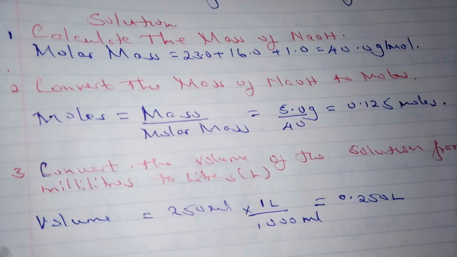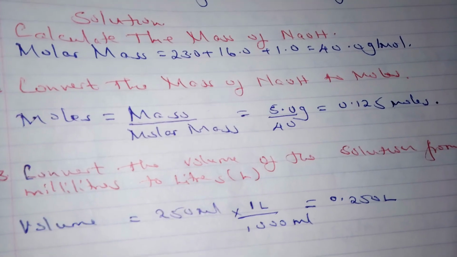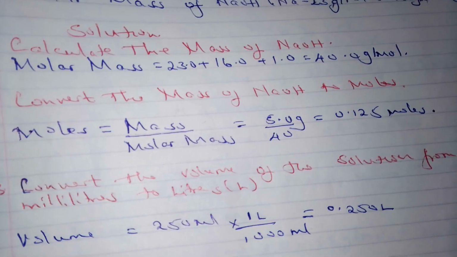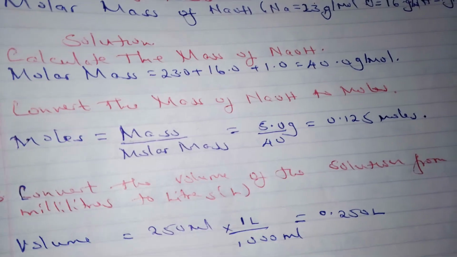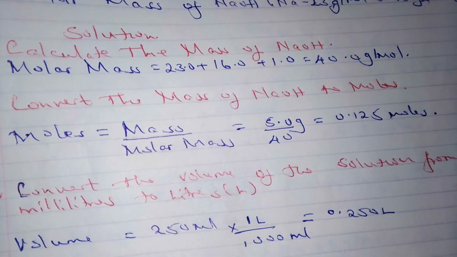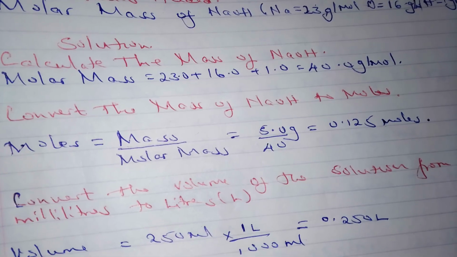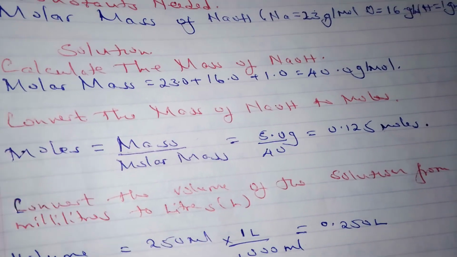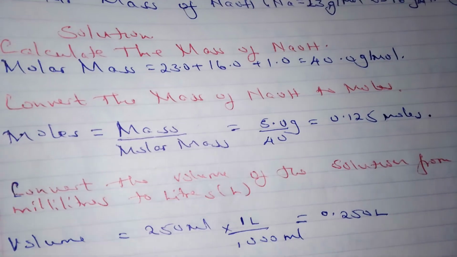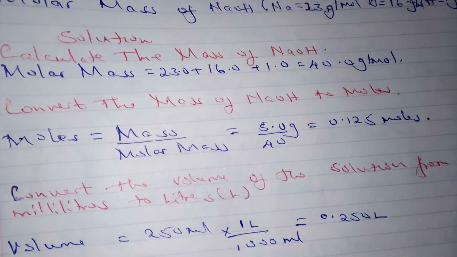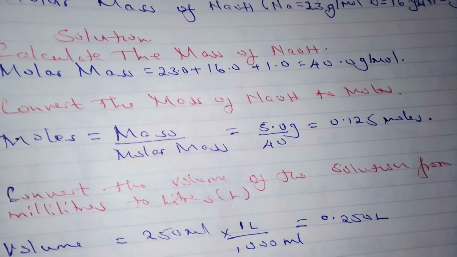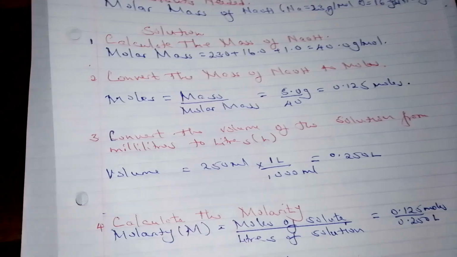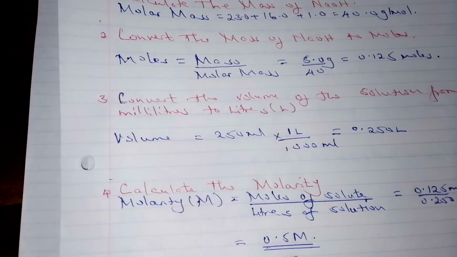The volume, as requested in the question above, is 250 milliliters, then we multiply by 1 liter and divide by 1000 milliliters, because 1000 milliliters makes up 1 liter, which gave us 0.250 liters.